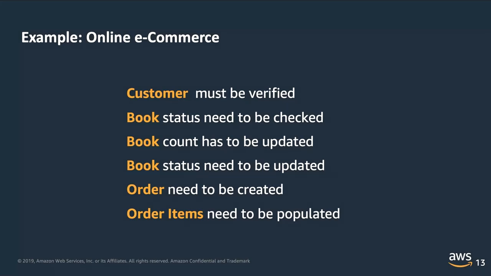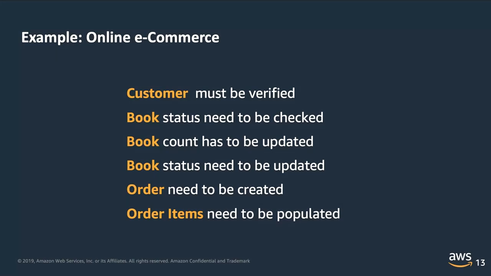Same thing you need to do for the pen: that the pen exists and it is in the right status. And once you have added these two items to an order as order items, you also need to create a new order object and update the status of the book, the status of the pen, the count of the book, and the count of that particular pen.